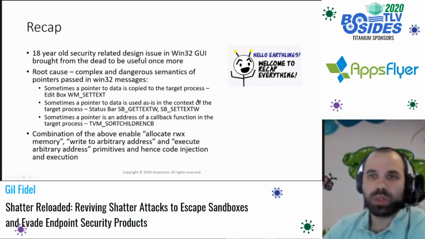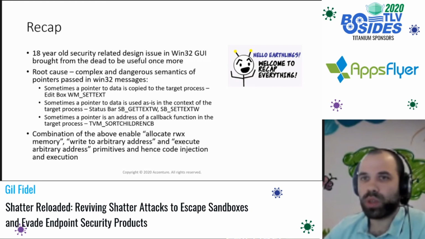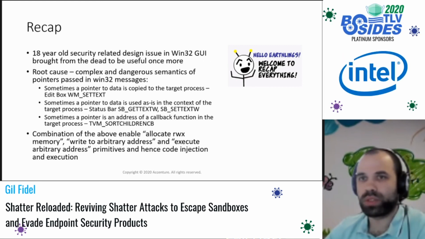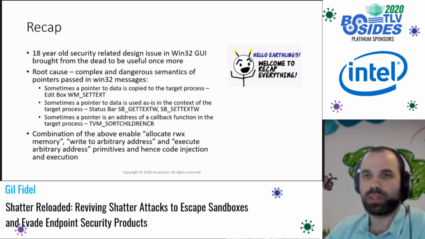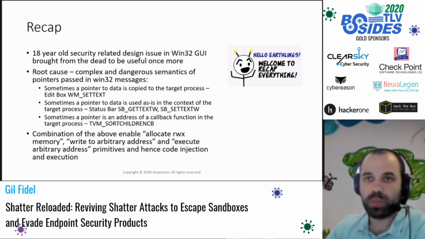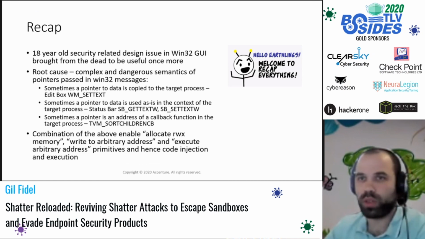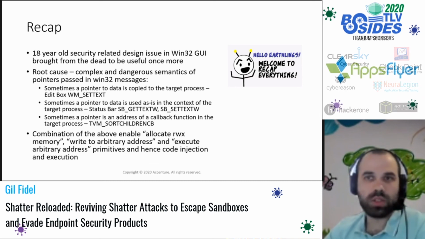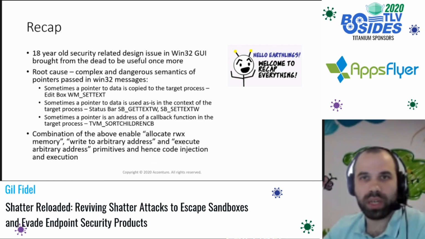And sometimes, which is the most dangerous thing, you have arguments to Windows messages which are treated as pointers to callbacks in the target process that are simply executed. You can give any address you want and it will get executed. The combination of them gave us all the primitives we needed to implement code injection.